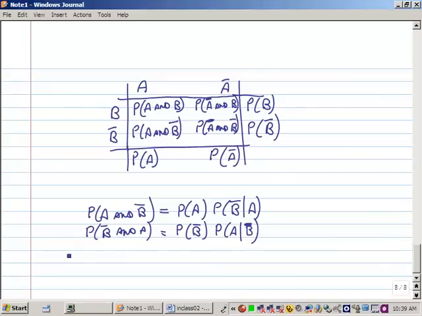Just as in certain problems you might be given two events X and Y, so you can say the probability of X and Y is equal to, again, the first event X times the probability of the second event Y conditioned on the first event X. Okay, they're just general rules.